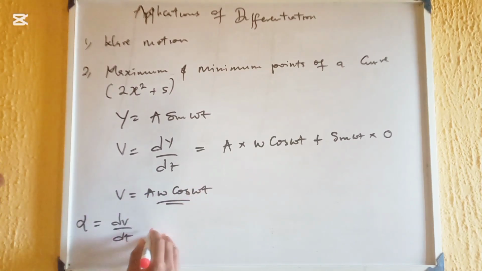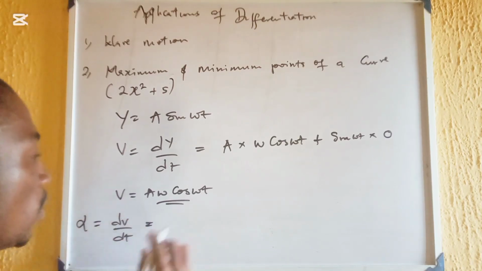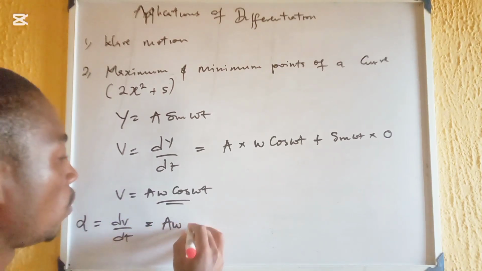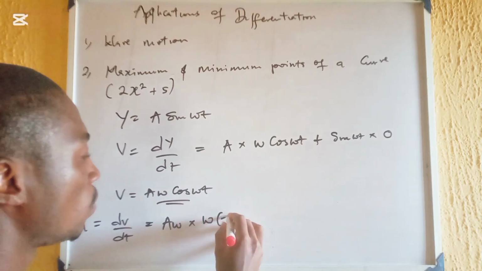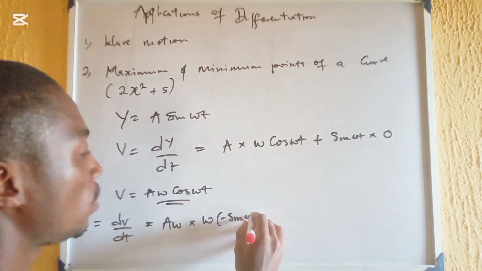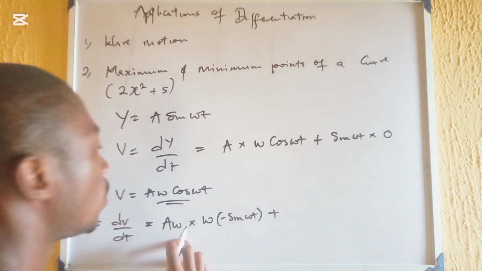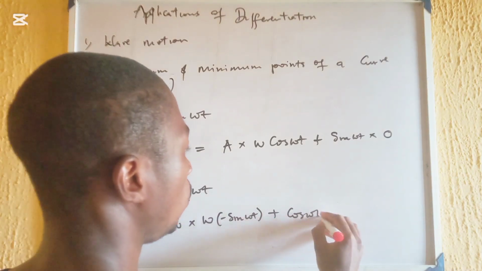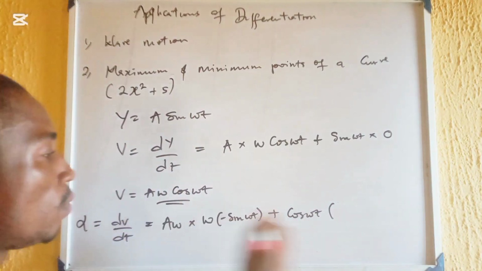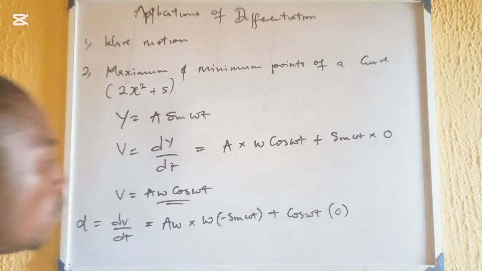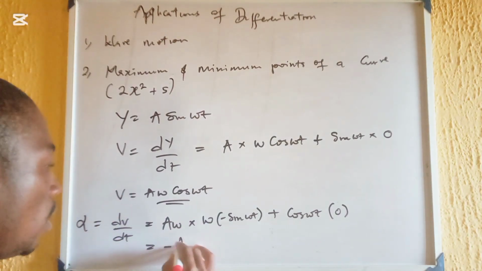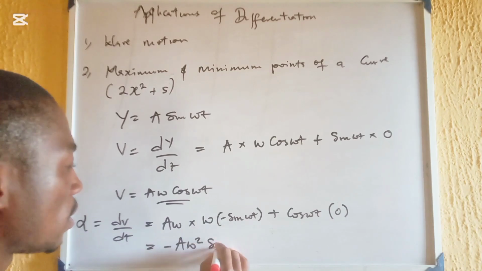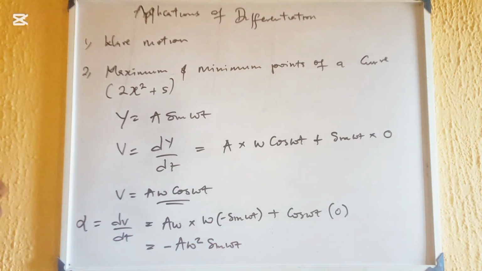So we'll be having Aw times the differentiation of cos wt, which gives w times minus sin wt, then plus cos wt times the differentiation of Aw, which is 0. That means we're having minus Aw squared sin wt.